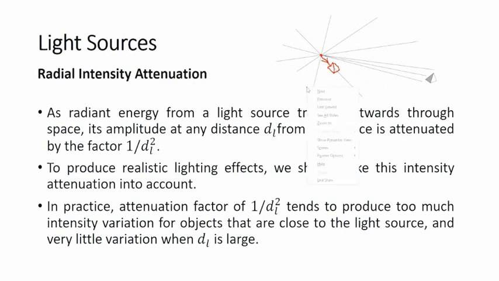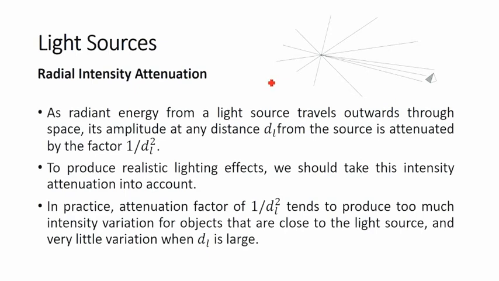So we can say that this radial intensity is inversely proportional to the distance between the light source and the object. When the distance is more, the attenuation is more, and if the distance is less, the attenuation is less.